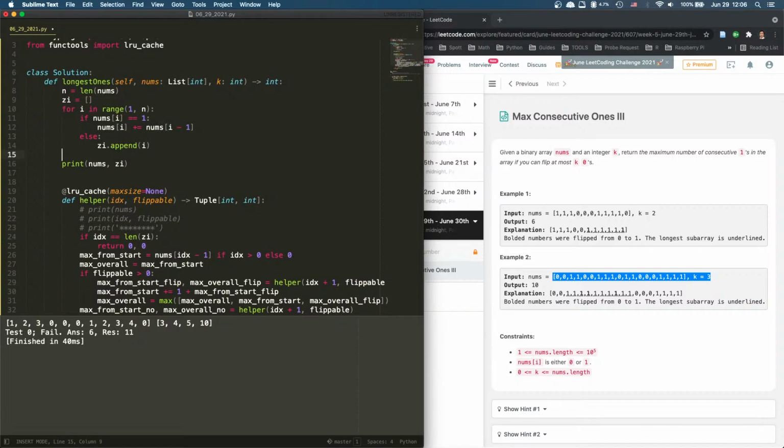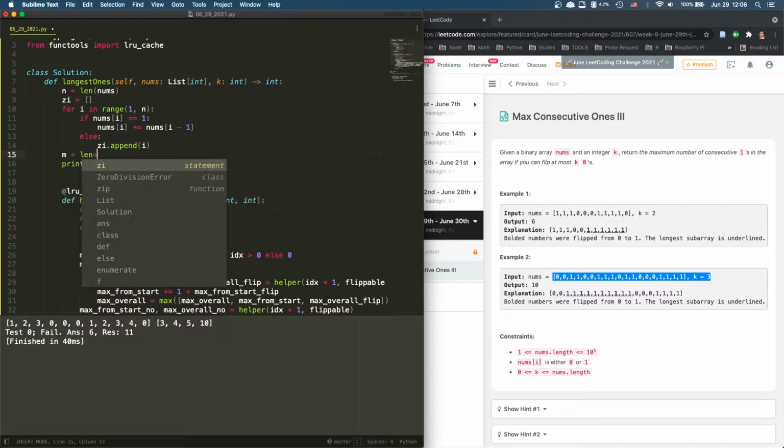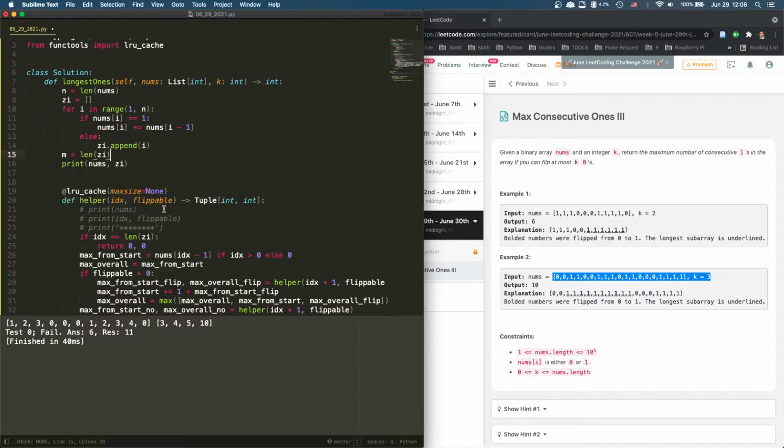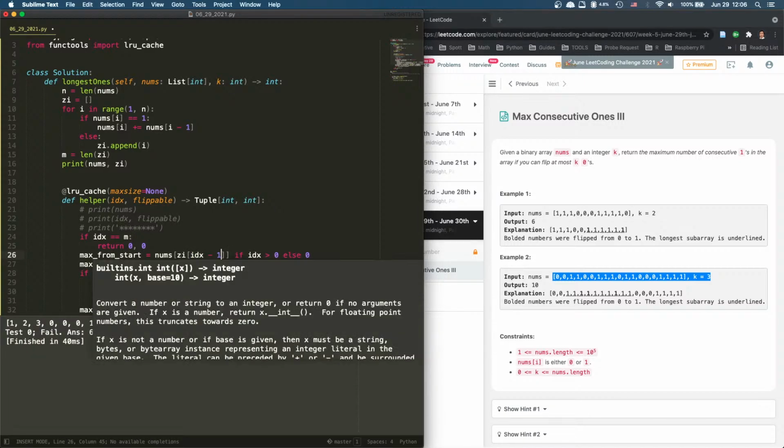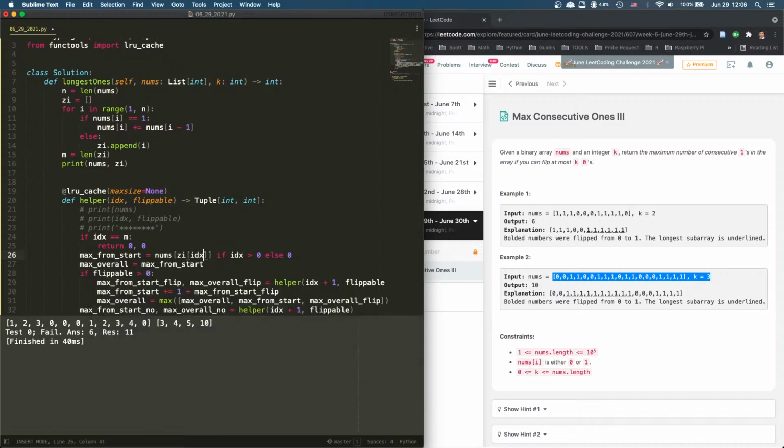Let's also say m equals len zi. So that's going to be m. And we say max from start equals zi index minus 1. Well, it's actually not, it's zi this minus 1.